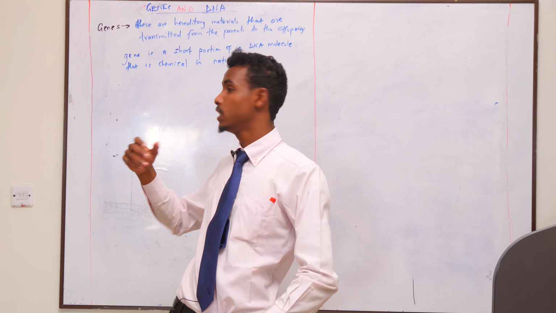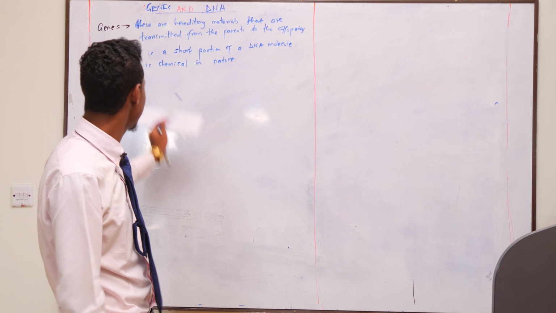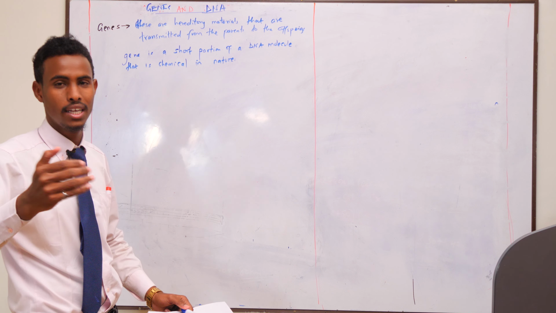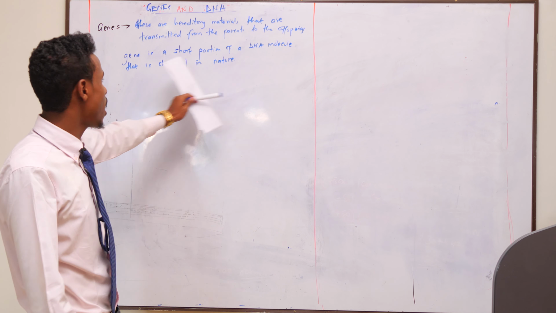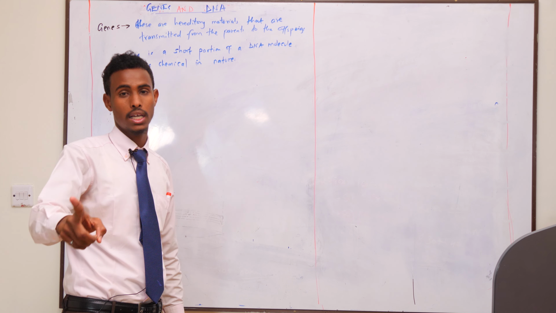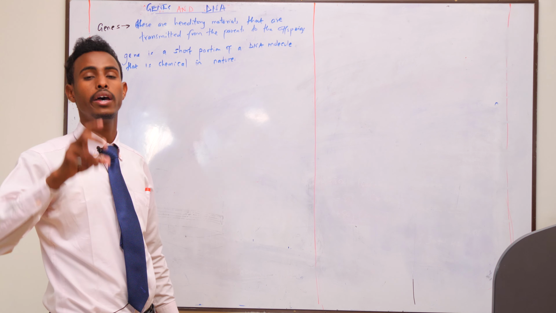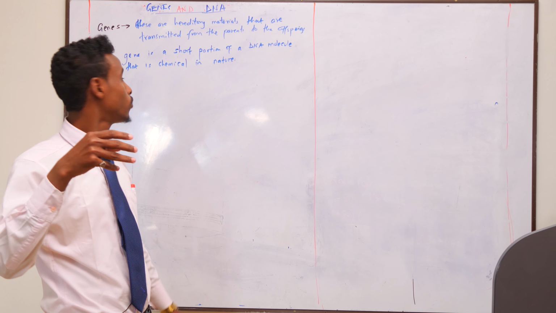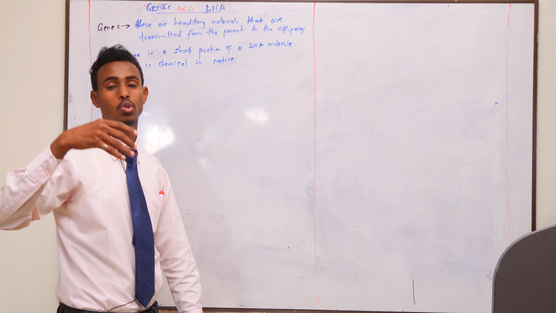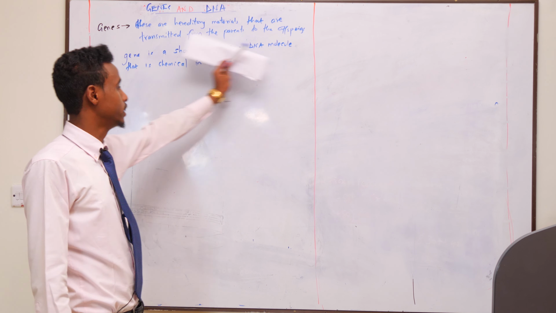And therefore, we say the genes are the chapters in a DNA. For instance, a DNA molecule may contain the genes for skin color, hair texture, blood groups, and also height. All those are contained in the DNA molecule.